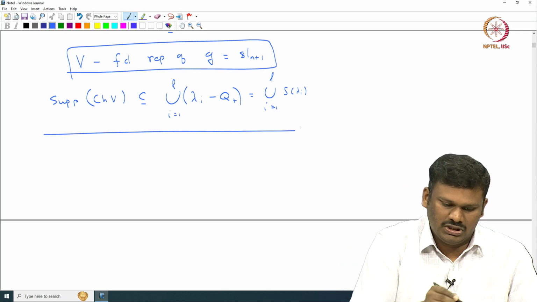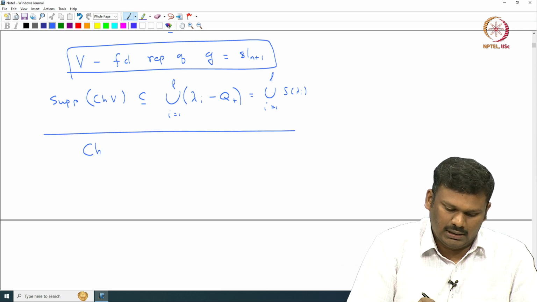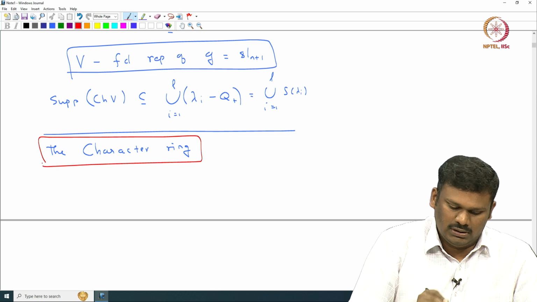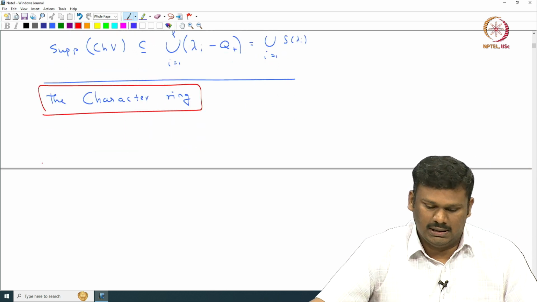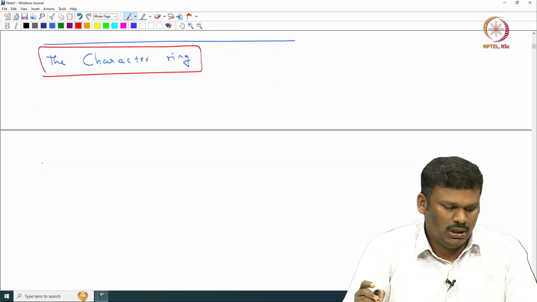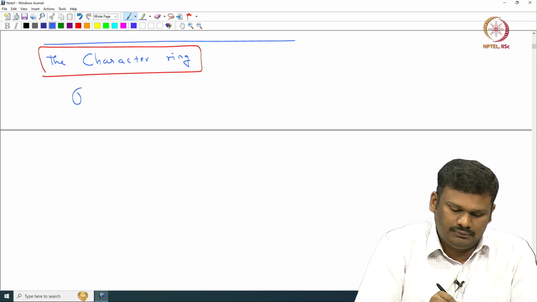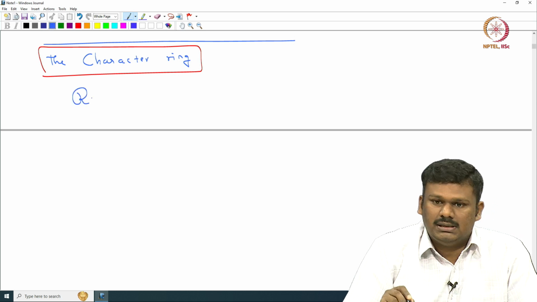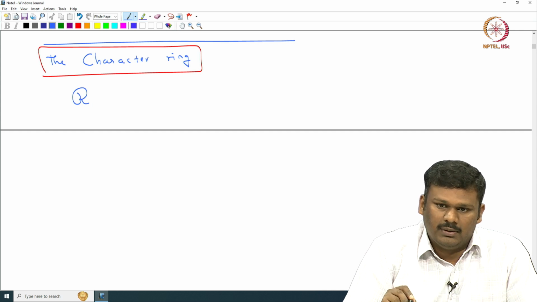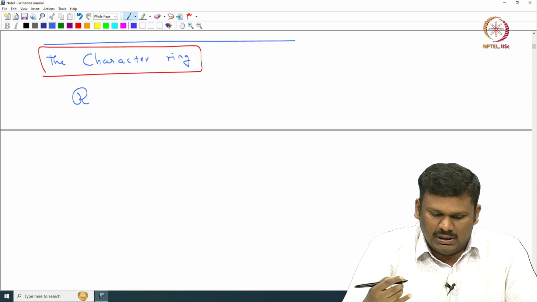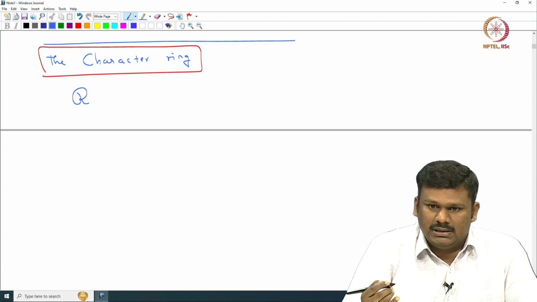So, here is the definition, the character ring. All the manipulation of the characters is done in this ring. So, what is this? By definition, you denote it by this curly R. This is the set of all functions from H star to Z, or Z plus, that satisfy the following conditions.